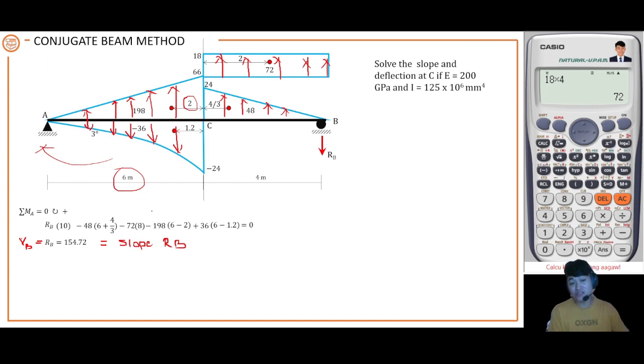For example, if the question is to determine the slope at B, just get the reaction of the support, and that is automatically the slope at that point.